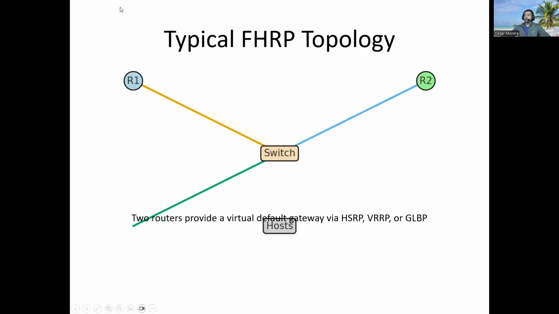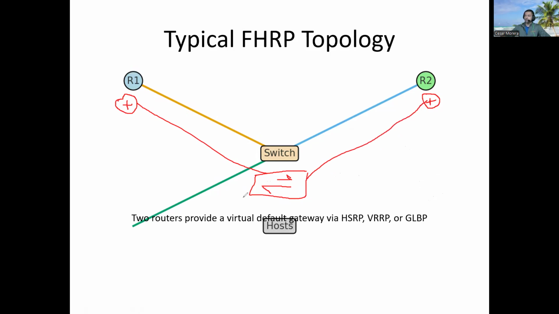Okay, here we have the following. We have a router 1 over here, a router 2 over there, and a layer 2 switch. Usually that's the way we draw those, a layer 2 switch, and they are connected to each other. So this topology has two routers. It provides a virtual default gateway via HSRP, VRRP, and there is also the possibility of having GLBP as well.